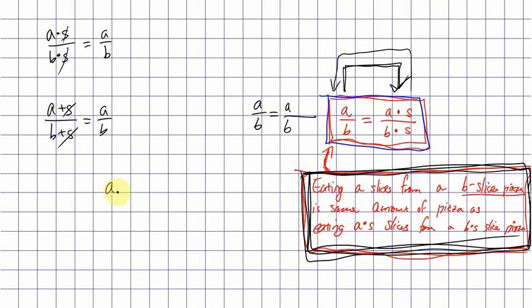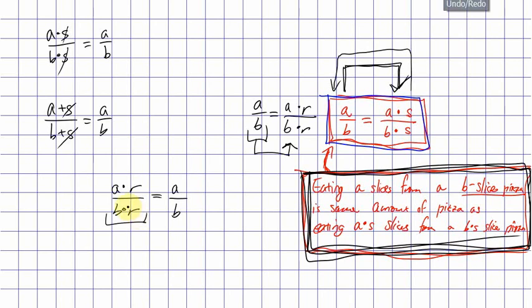So the point is, if you start with a times r over b times r, you could think of this fraction as having been obtained by taking this fraction right here and multiplying both the top and bottom by r. So the process of reversing this multiplying top and bottom by r is, well, you better have something times r. And so what you have to have is a common factor on top and bottom. So you see this times r right there, see that times r right there.